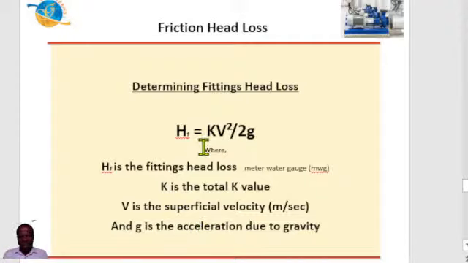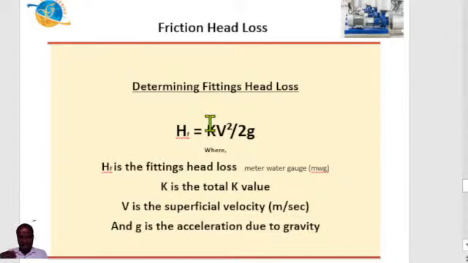Now the question is, how do you determine the K value, so that you can put it into this expression to get your fittings head loss? I mentioned that each type of fitting has its respective characteristic resistance coefficient. For example, the K value for a 45-degree elbow is around 0.4. For a 90-degree elbow, it is 1.